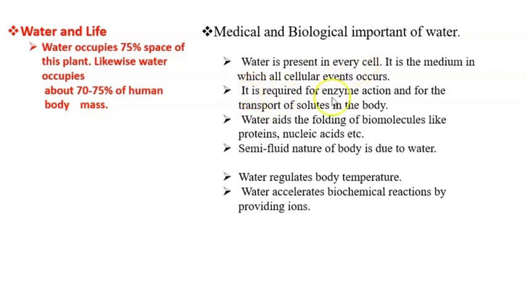Two, it is required for enzyme action and for the transport of solutes in the body. For example, electrolytes moving across the semi-permeable membrane have about the same size as water molecules, and they move along the cell membrane together with the water. So water is a medium, the channel for solutes to move into and out of the cell.